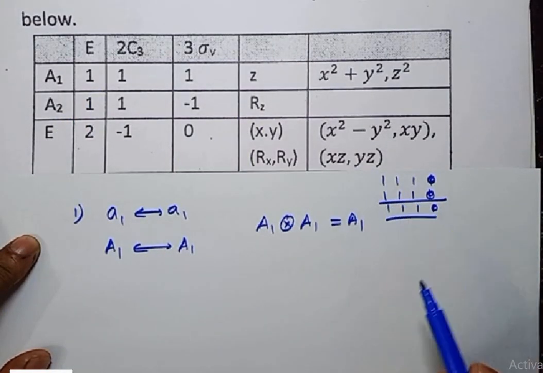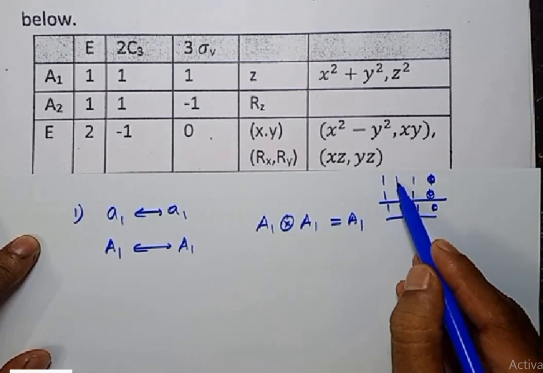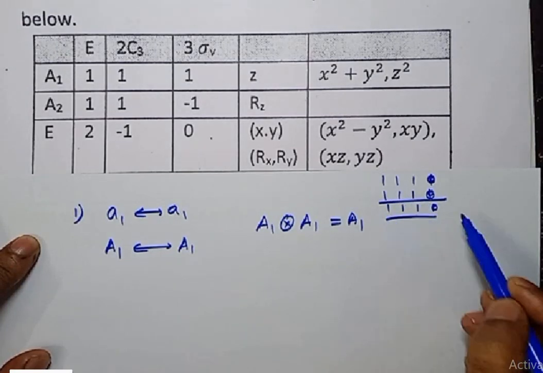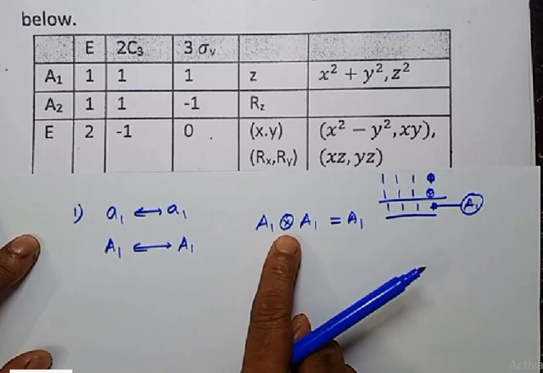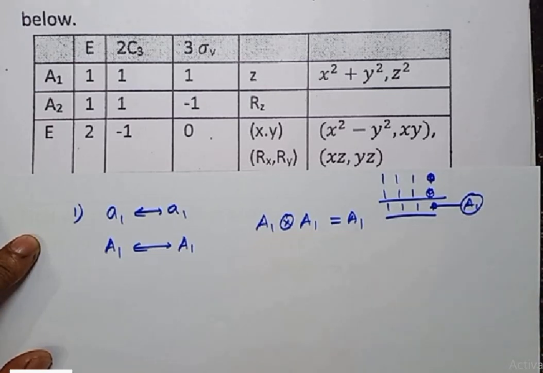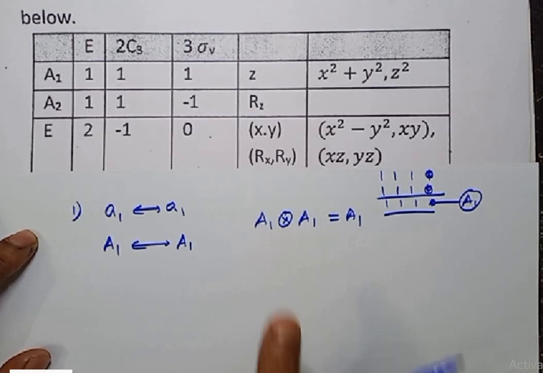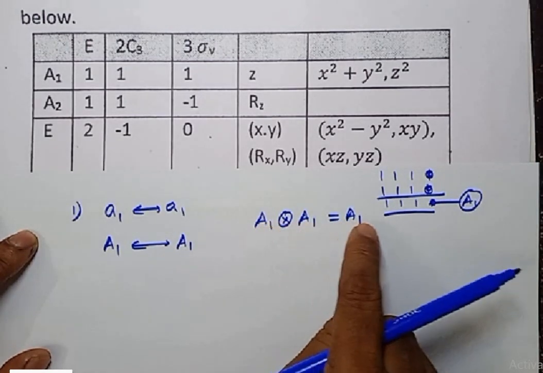You multiply the characters, so you'll get 1 into 1, 1 into 1, 1 into 1. So I am getting A1 again. What is meant by this? A1 cross A1 is A1. Our direct product of two A1 is A1.